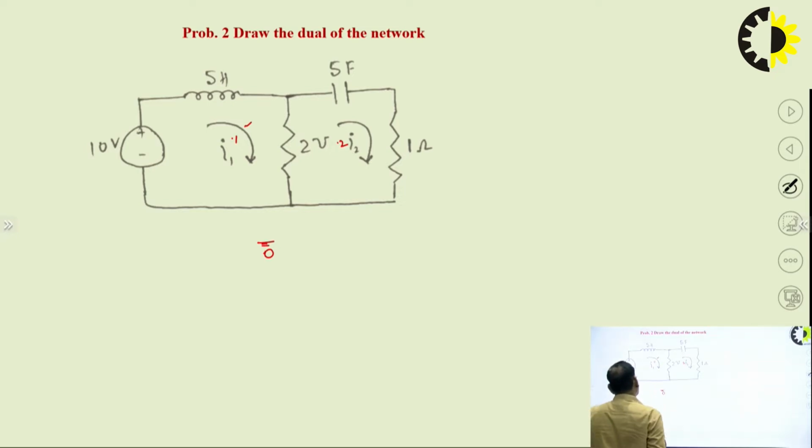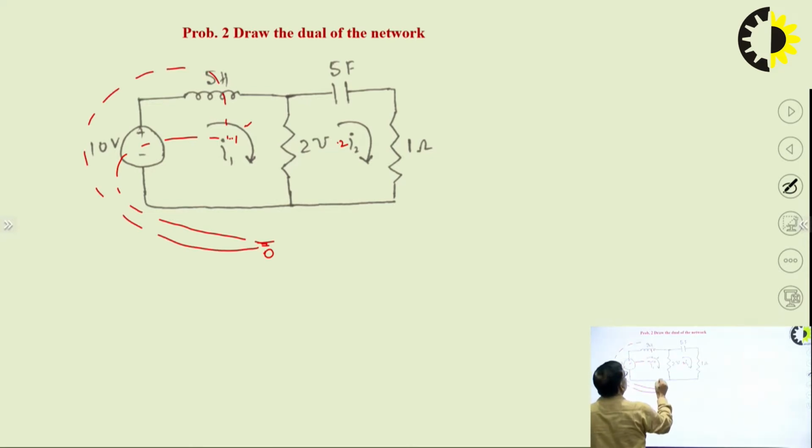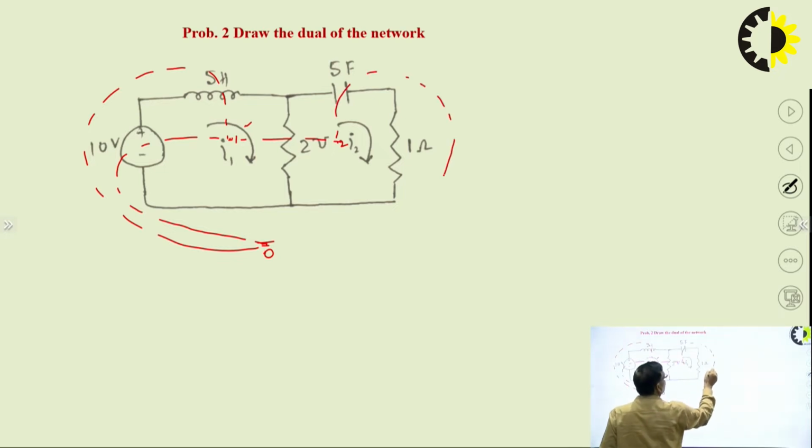So, connect an element between these two nodes traversing one element at a time. From 1 and reference we can do in this fashion, then 1 and 2, traversing one element at a time.